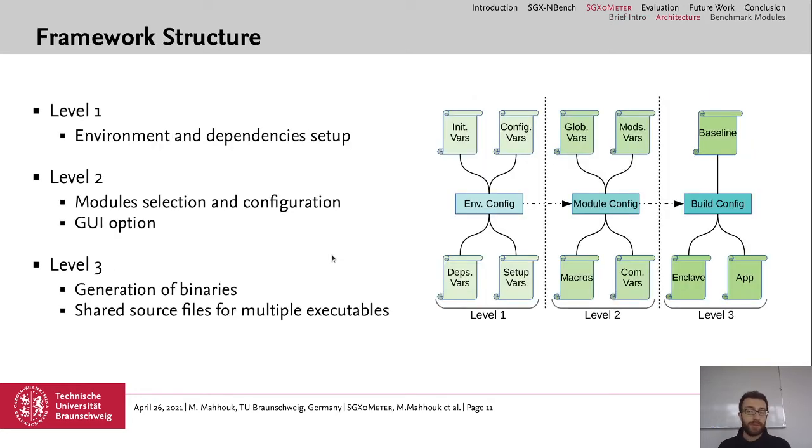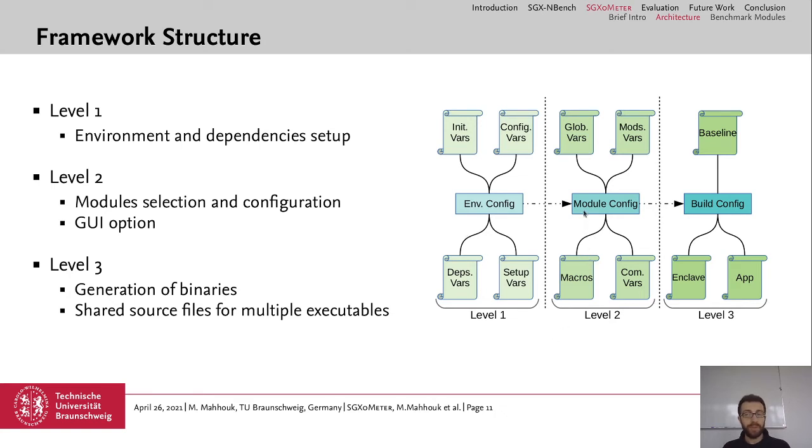The framework structure can be categorized into 3 levels. We use CMake as a build system, which allows us to categorize it this way. At the outermost level, level 1, the environment variables are configured and the needed dependencies for the modules are installed.